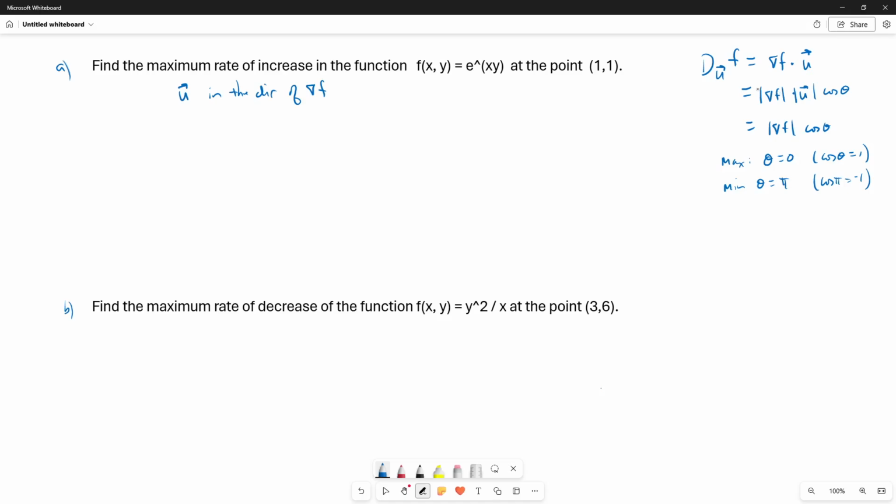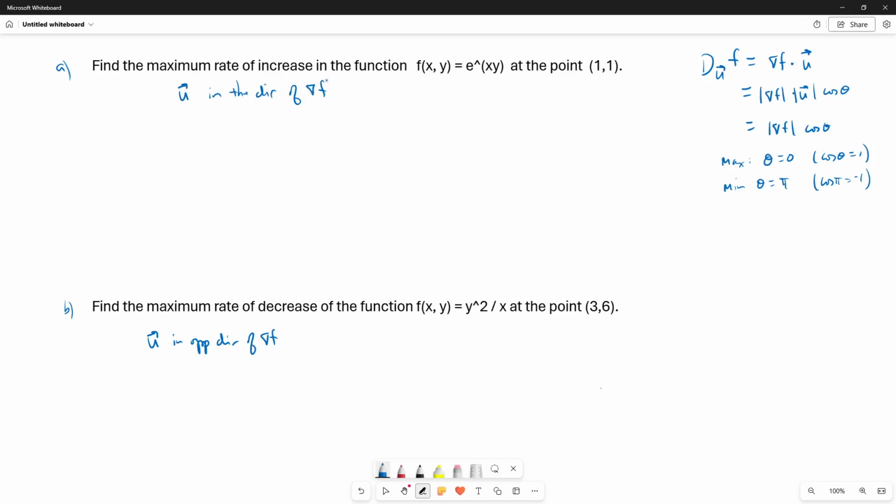And then to find the maximum rate of decrease, we want theta to be pi, which means that u is in the opposite direction of the gradient. So u is in the opposite direction of the gradient of f.